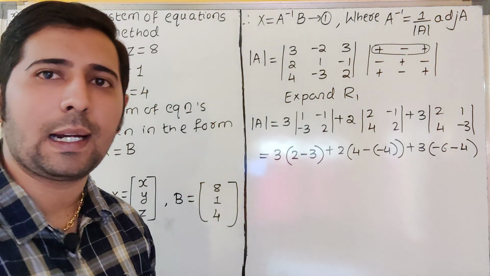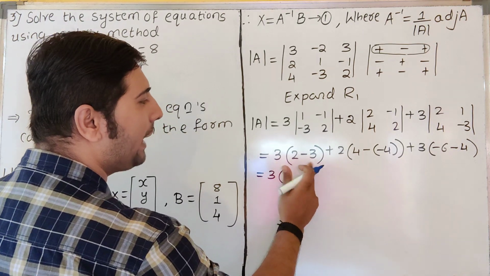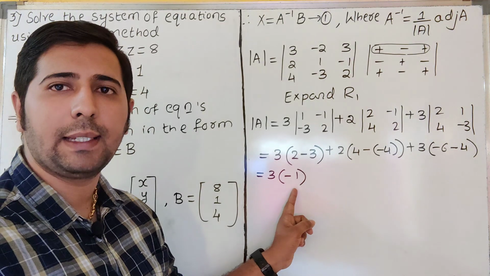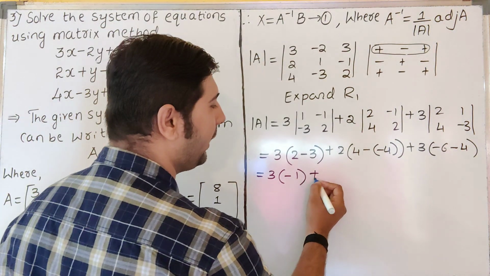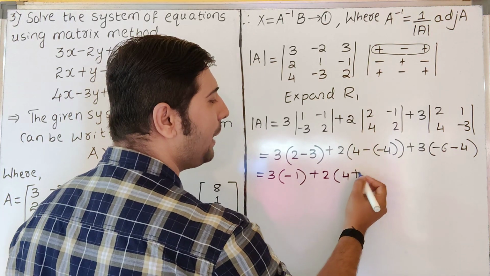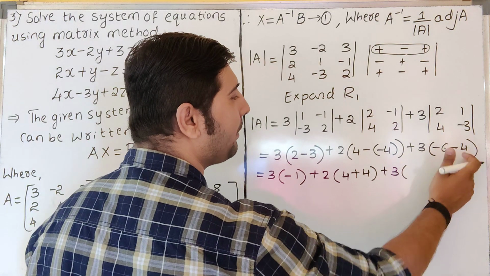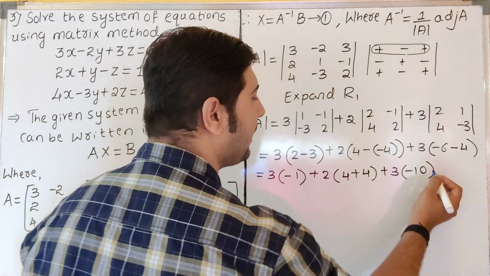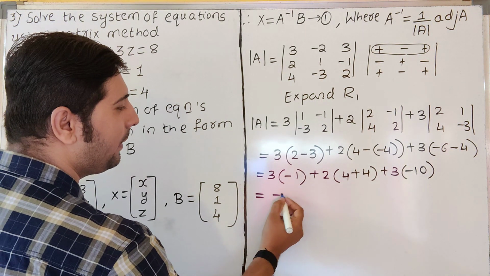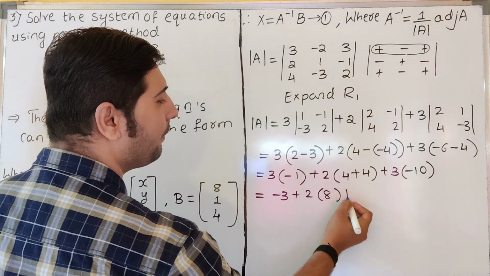I hope everyone is understanding. Now see, 3 into 2 minus 3 minus 1. 2 minus 3 is minus 1, dear students. 2 into 4: minus into minus is plus 4. So 3 minus 6 minus 4 is minus 10. Now you simplify this further. 3 into minus 1 is minus 3. 4 plus 4 is 8.